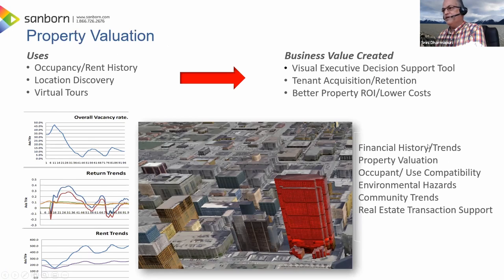Also, it can provide various information in terms of financial history, trends, property valuation, and so on. That will enable us to create various graphs and charts, what we are seeing on the left-hand side, like the overall vacancy rate, return trends, and rent trends. That will be very useful in any decision-making process. So we see property valuation is one area where the digital twin will be immensely helpful.